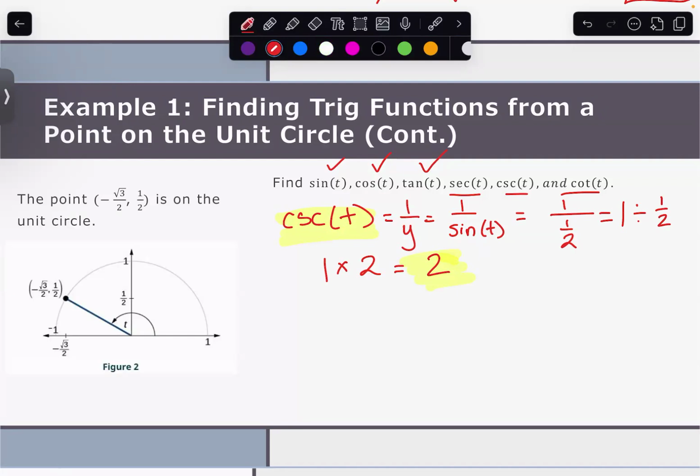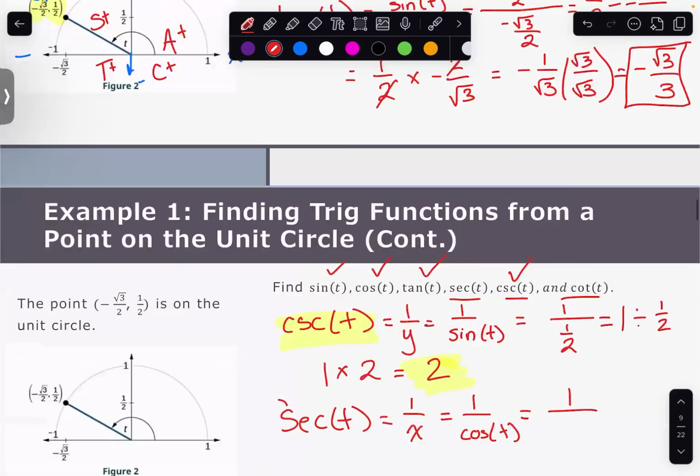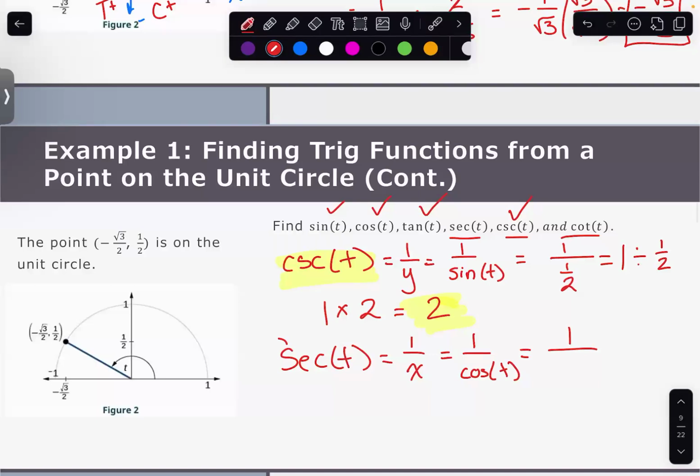Now let's find secant. Secant is the reciprocal of cosine, or 1 over x. Okay, so I'm going to divide 1 over cosine, which was originally negative square root of 3/2.